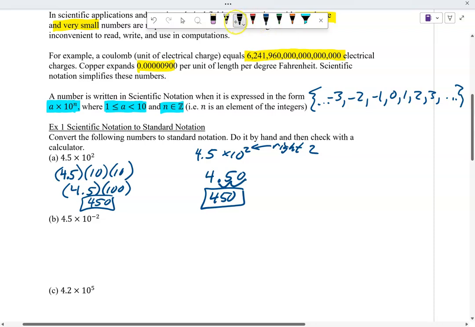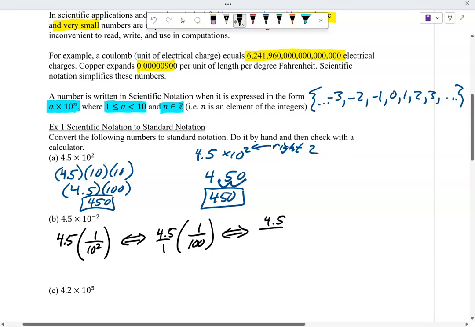So let's do this second one here, 4.5 times 10 to the negative 2. 10 to the negative 2 means 1 over 10 squared. Remember that negative exponent. So we have 4.5 times 1 over 10 times 10, which is 100. Then we multiply: the numerator is 4.5 times 1, and the denominator is 100. We've got 4.5 divided by 100, and if you punch that in, you'll get 0.045.